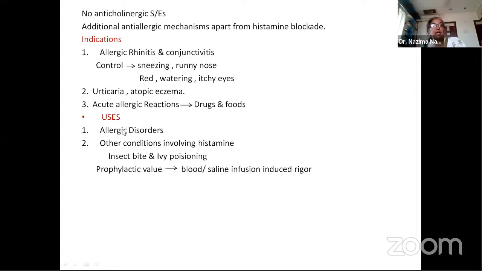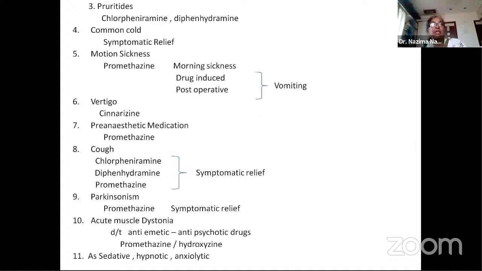So these drugs are useful in allergic disorders, which we have already seen, and also other conditions involving histamine. For example, in insect bite, where histamine may be released, or in case of ivy poisoning. These drugs also have a prophylactic value in blood or saline infusion induced rigors. So again, these drugs can be used in such conditions.